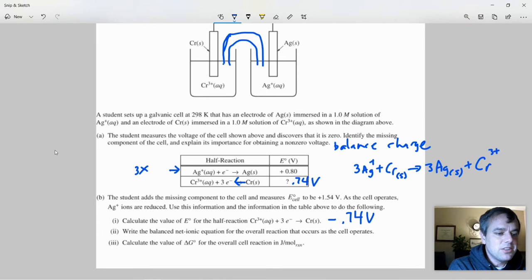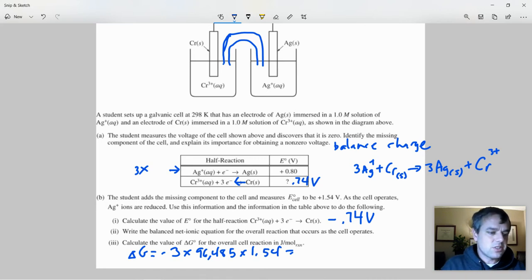And then it says calculate the value of delta G. Well, delta G equals negative NFE, and N is moles of electrons transferred, which in this reaction is 3. Because we have 3 silvers being reduced, so that's 3 electrons there. We have chromium being oxidized, that's 3 electrons, same electrons. Times Faraday's constant, which is 96,485, times the cell potential, which it says is 1.54 volts.